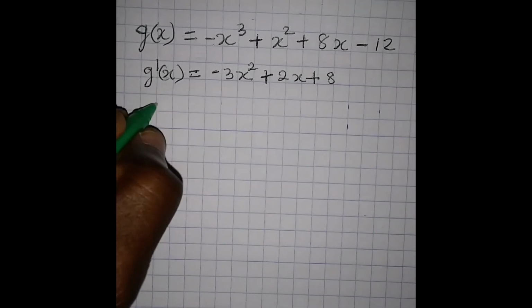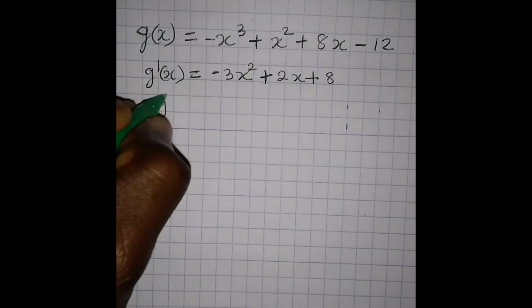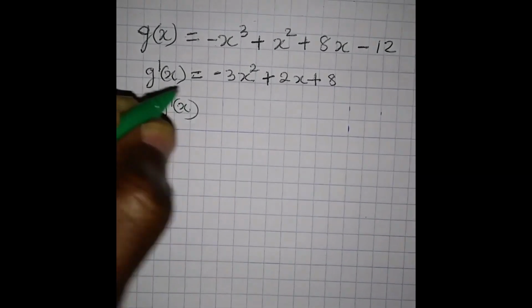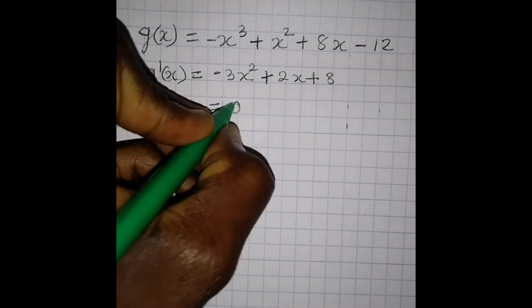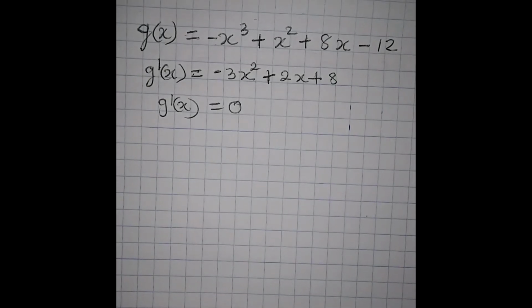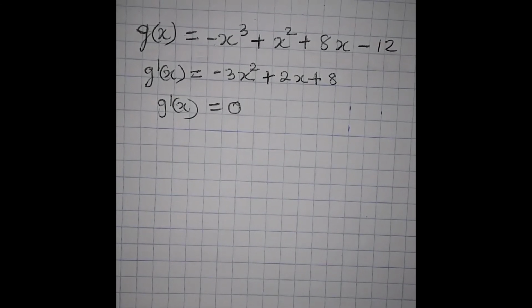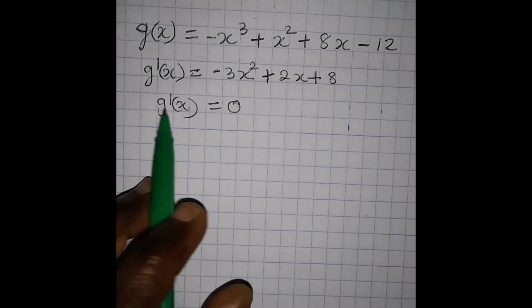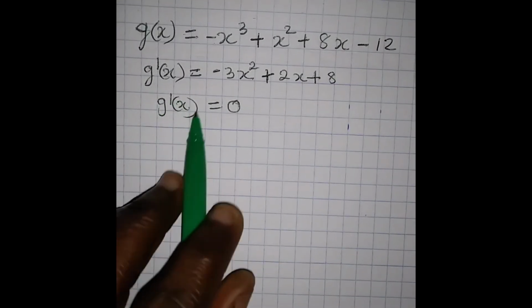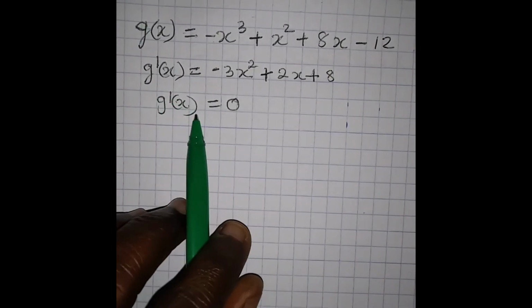What we need to do is to first say g prime of x is equal to 0. So when the first derivative of a function or the first derivative of a cubic function is equal to 0, that means we are looking for the x-coordinates of the turning point. So what is the first derivative here, or what is the g prime of x equal to?